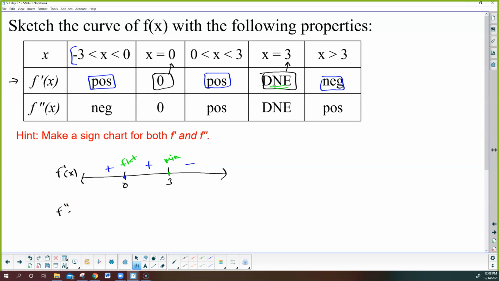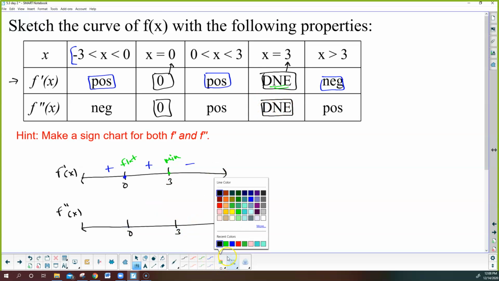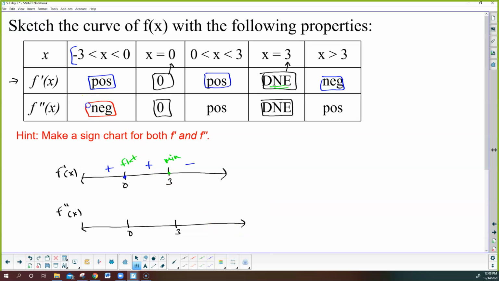And then what about the sign chart for the second derivative? And now I'm looking for, where does the second derivative equal 0? That's at 0. Or where does the second derivative not exist? And those are at 3 as well. And then what about the concavity? Between -3 and 0, I've got negative slopes, which is concave down. Between 0 and 3, I have slopes that are positive, so this is concave up.